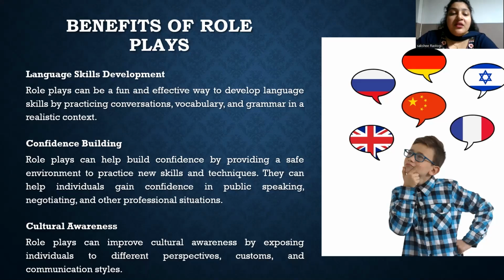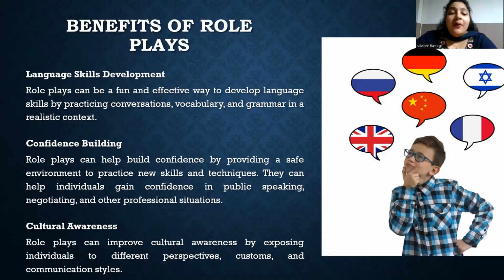Stereotype awareness: recognizing and challenging stereotypes and biases. Empathy and understanding: you have to develop your empathy and understand diverse cultural perspectives. Global citizenship: build awareness of global issues, cultural diversity, and social responsibility.